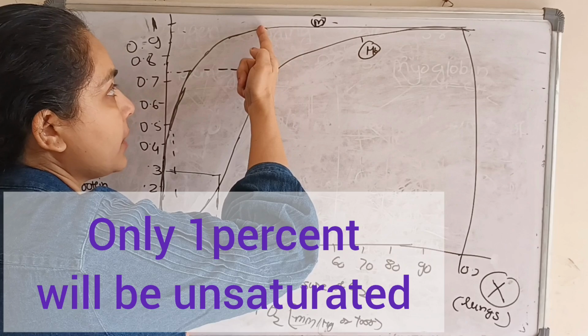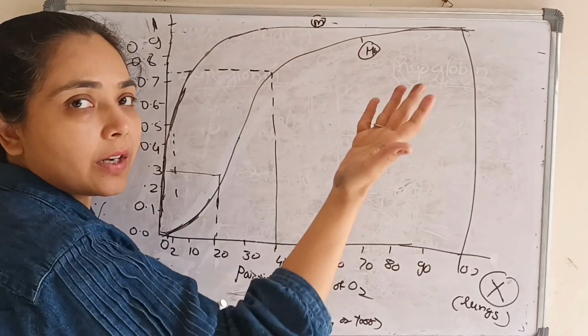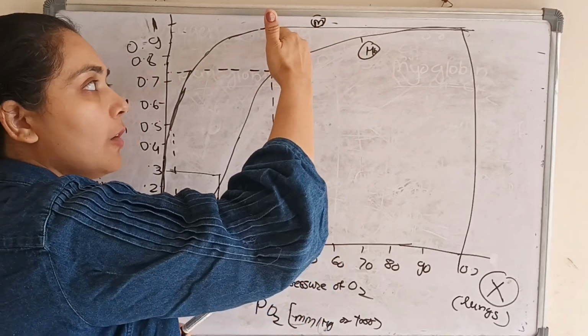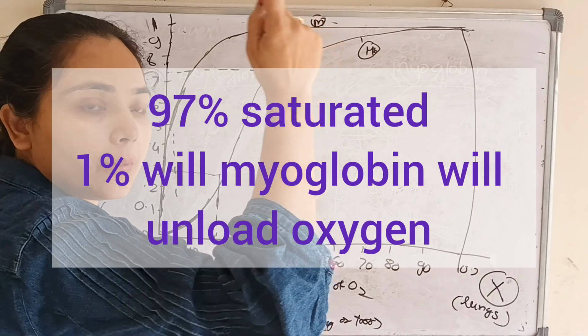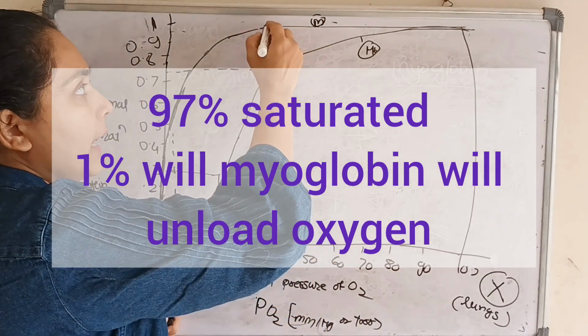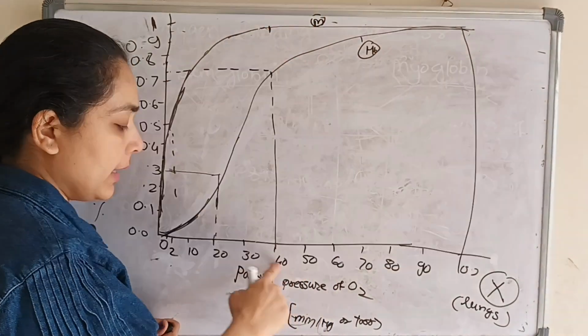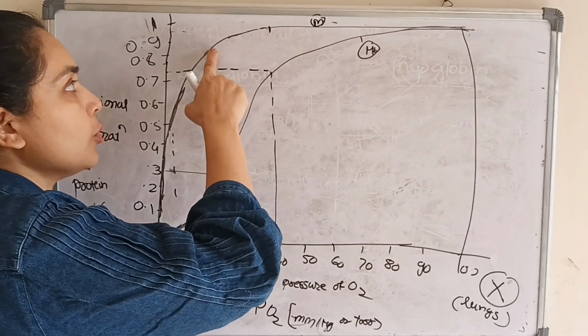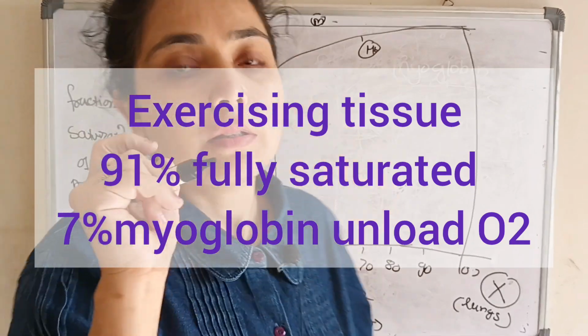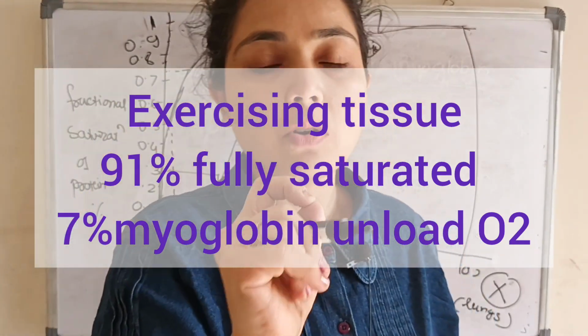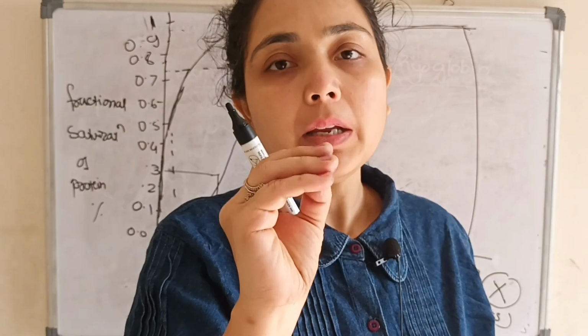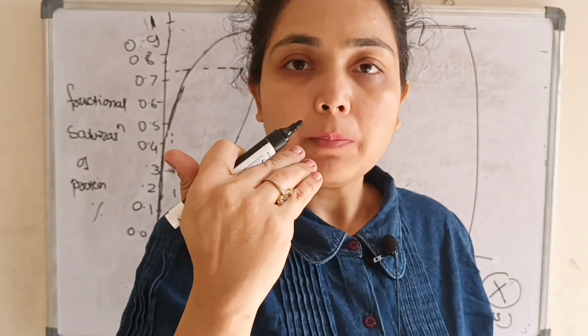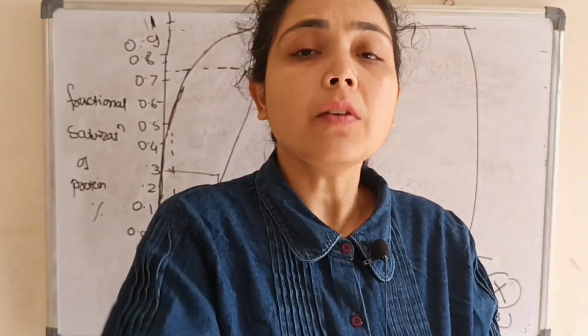We can see from the graph there is not a significant drop in the curve for myoglobin. So only 1% will be dropped at the partial pressure of 40, and in the exercising tissue that value is 7%.